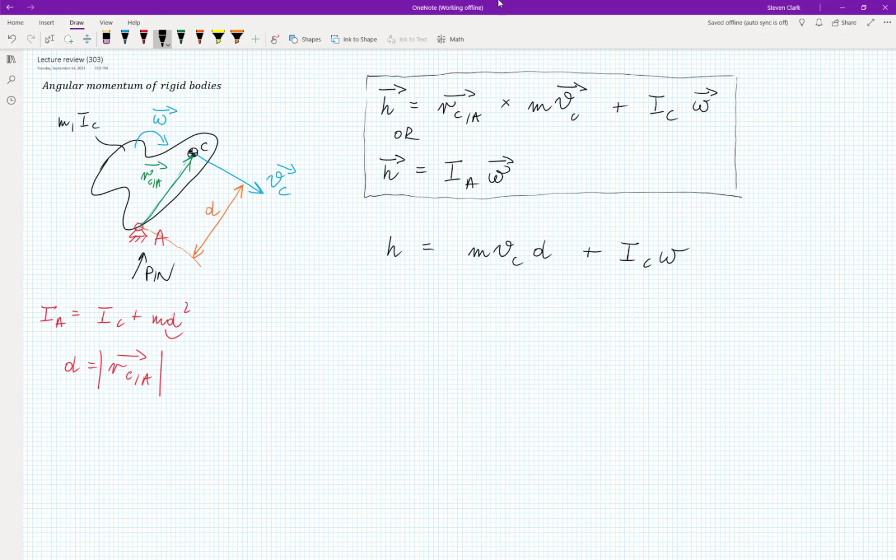That's it. And I think that there is a little typo on the board because I believe that our v_C rotates in a negative fashion about point A, right? I believe so. Yes, so I should put minus in here and minus in here. But also our body is pinned, so we can express this h as minus I_A omega.